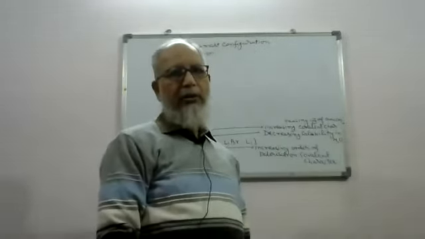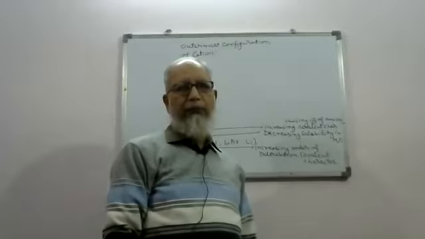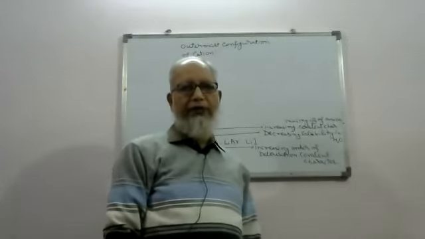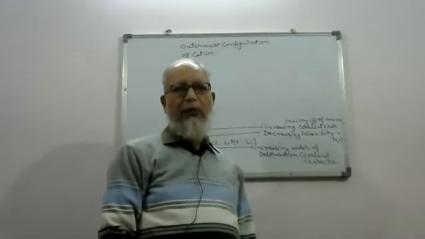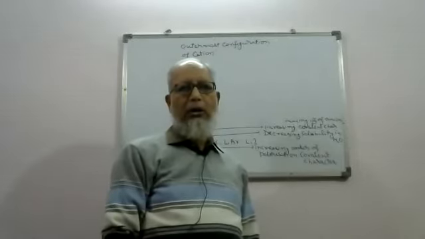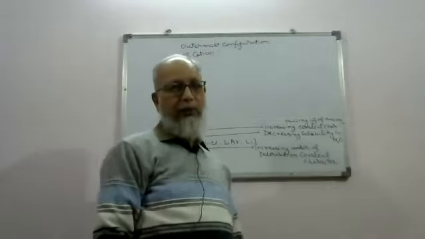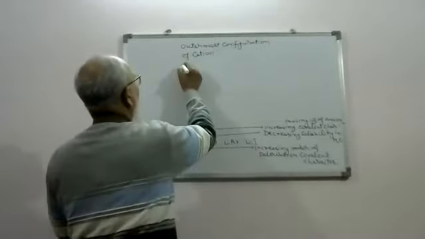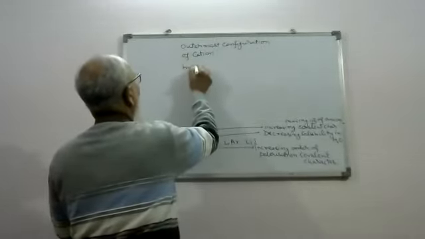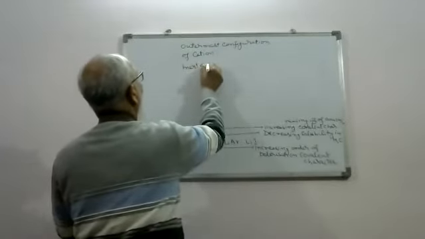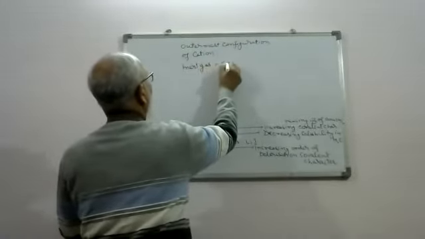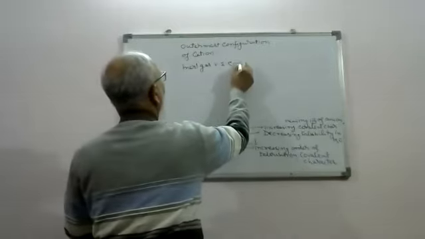The cation may have inert gas electronic configuration of its valence shell, or it may have pseudo inert gas configuration.